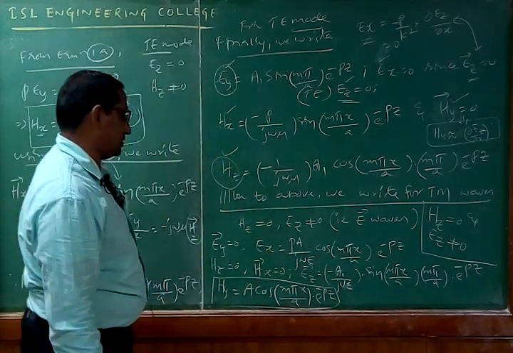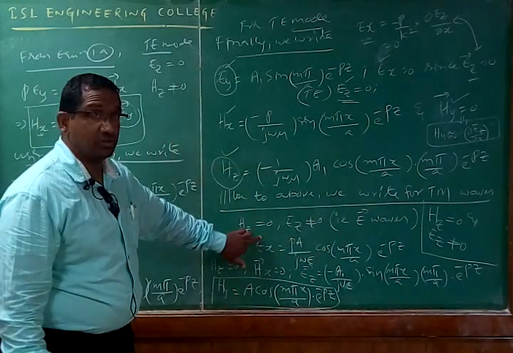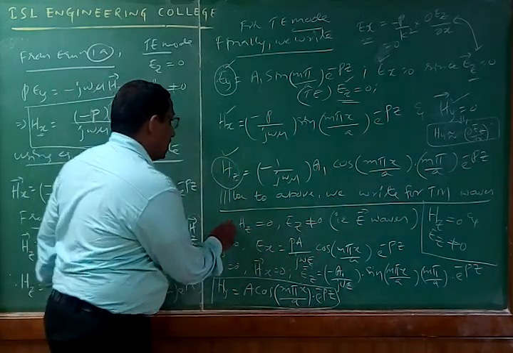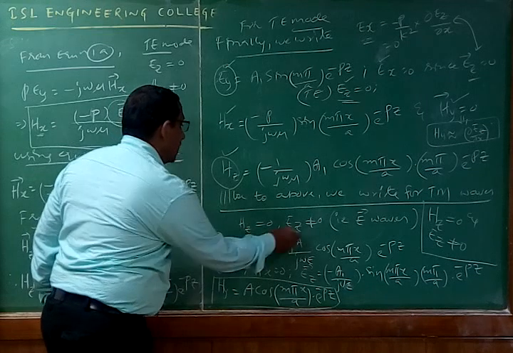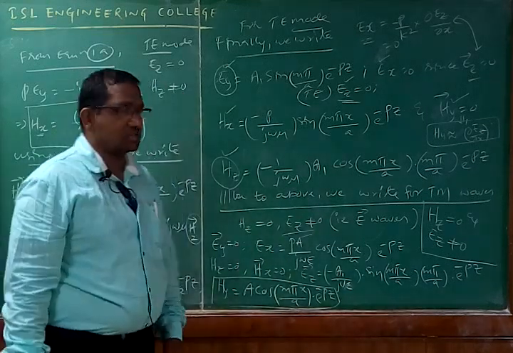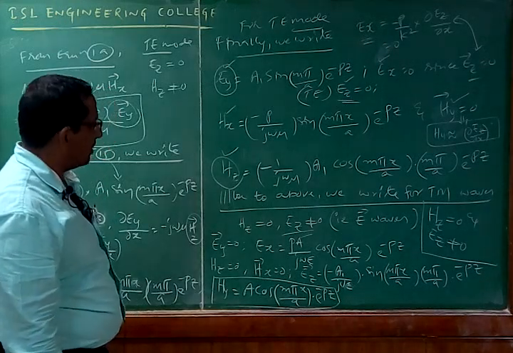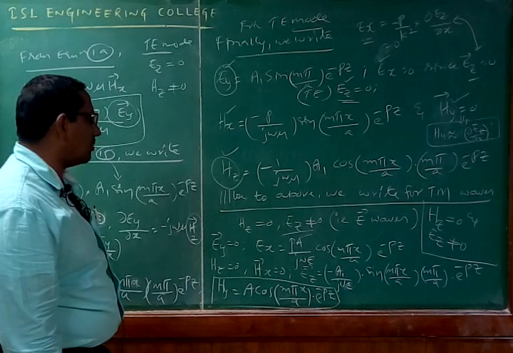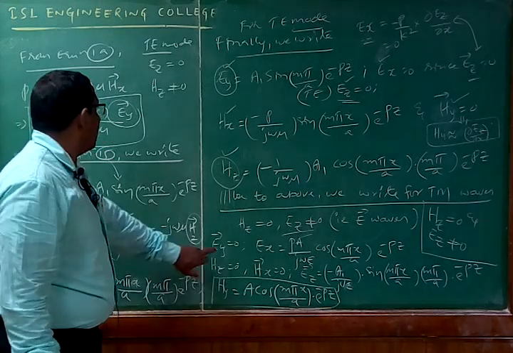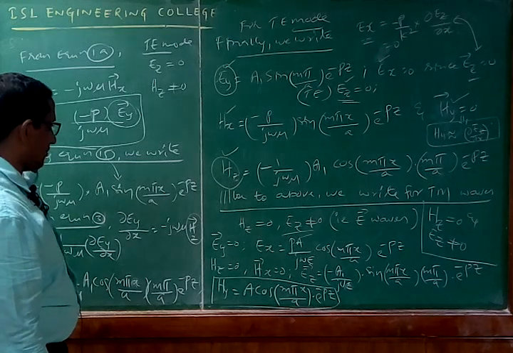So this is the TM mode configuration: Hz is equal to 0, Ez is not equal to 0. This is what we have to start with. Wherever you have Hz, we are going to have a 0 component. So for the Ey component, in order to get it, we have the Ey equation.